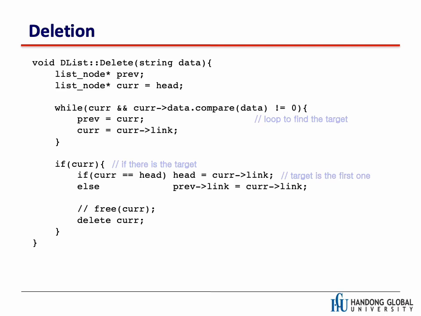If current is head, then we don't have a prev, right? Prev is not pointing to something, it's pointing just to garbage. Instead, we just move head to point to the second node, and then we delete the current node. That's it.